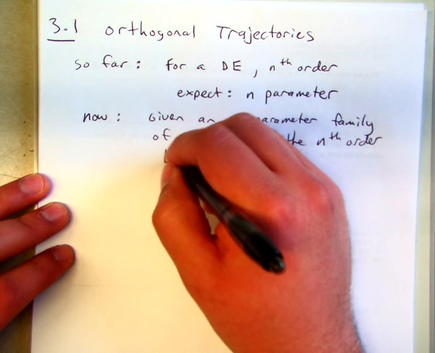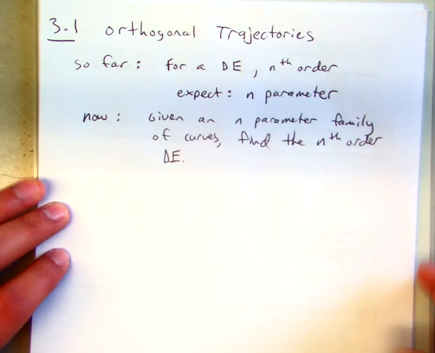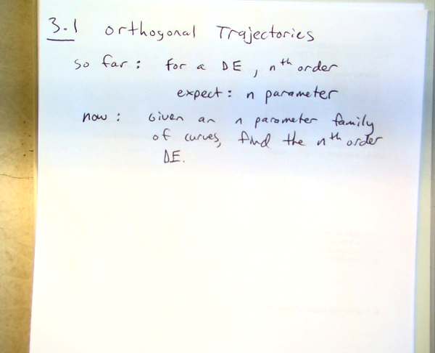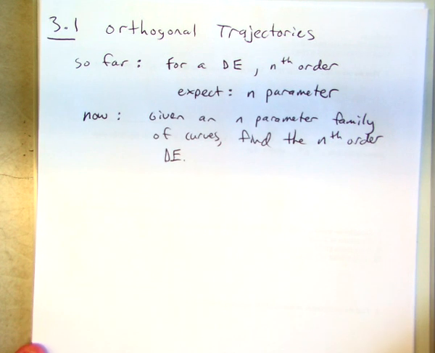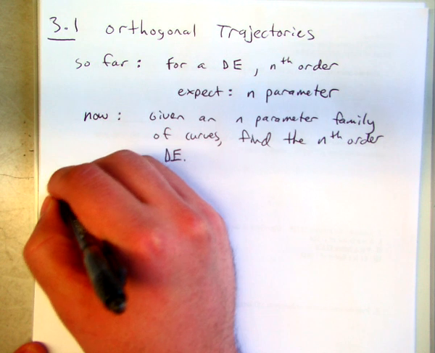So we're kind of going to go backwards, much like when you multiplied binomials, then you learned to factor them. Here we're going to try to figure out what the differential equations look like depending on what kinds of functions we're dealing with. So, here's an example to illustrate this point.